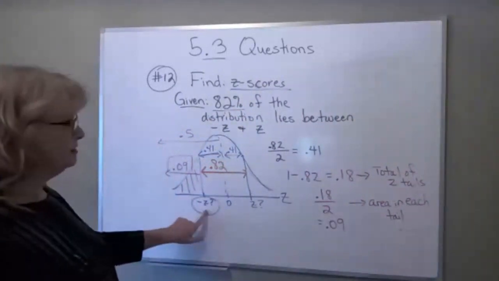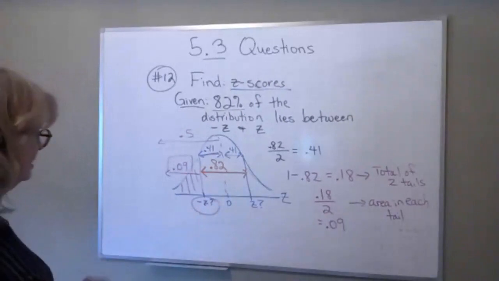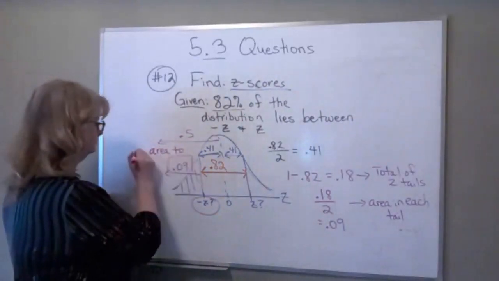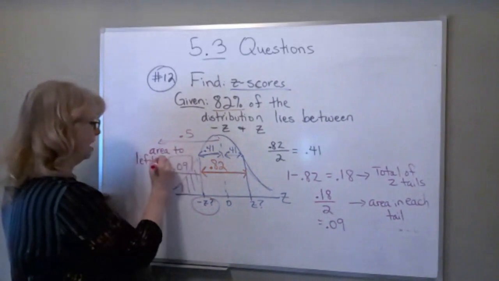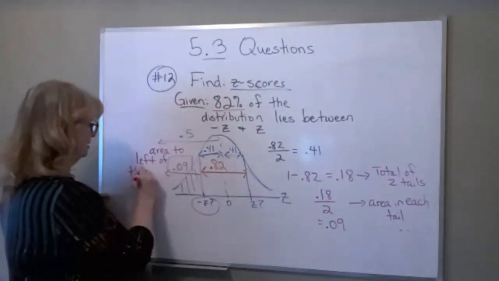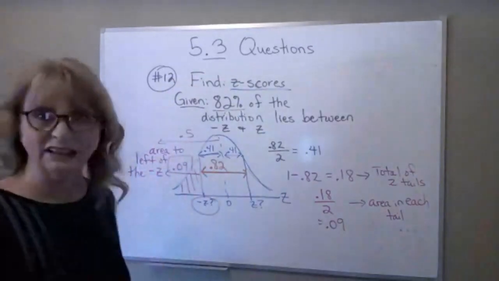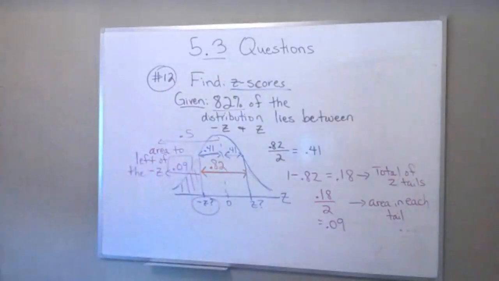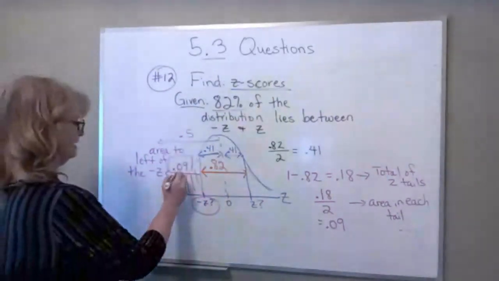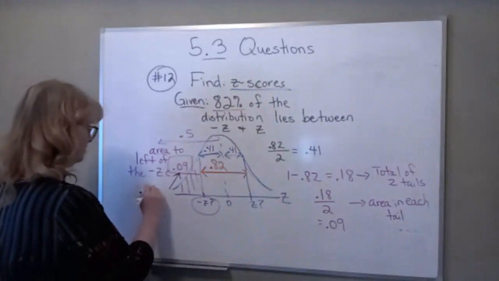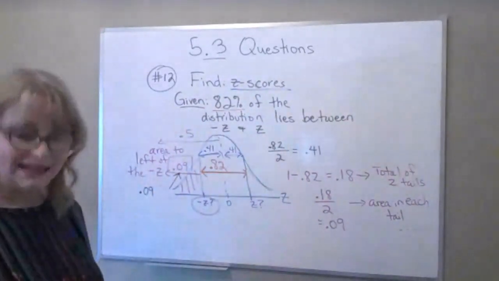Now that I know the area to the left of that negative z, let's make it look like an area. So the area to the left of that negative z is 0.09.